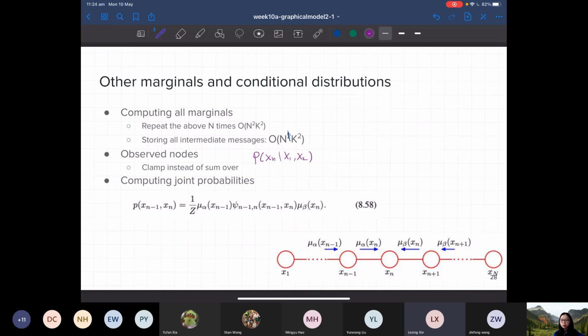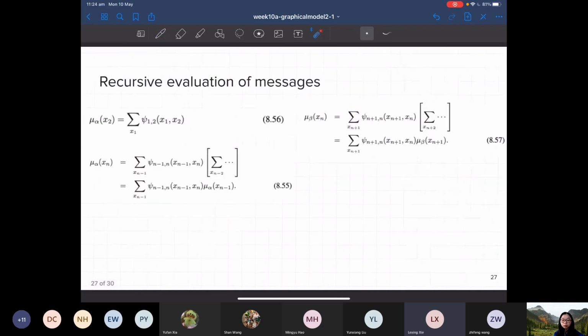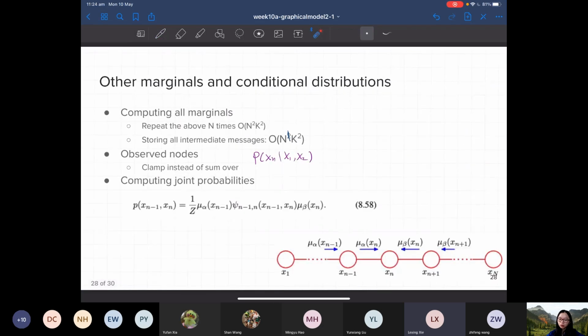In that case, we can save some summing over. We no longer need to sum over the term. Instead of summing over x1 phi of x1 x2, we simply plug in phi of x1 equals something, and then x2.